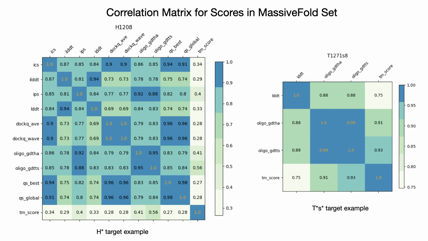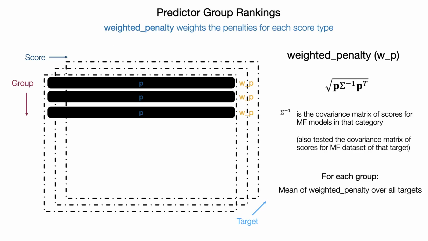So what we actually ended up calculating is a weighted penalty, where the weighted penalty is essentially taking the score of penalties that for one target a predictor group has, given all the score types that we've actually assessed from OpenStructure, and we're weighting this vector by the covariance matrix of how these scores vary for the massive-fold models in that data set.